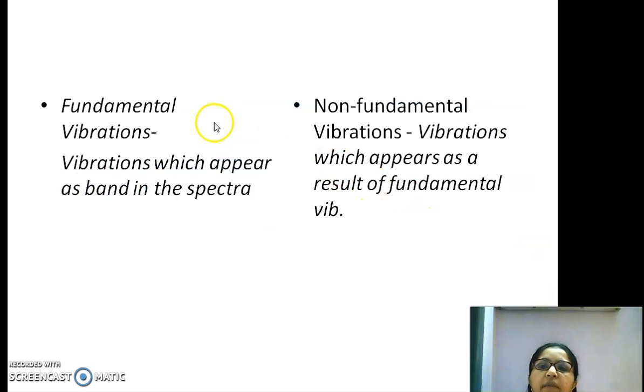Now, what is fundamental vibration and non-fundamental vibration? Vibrations which appear as bands in a spectrum are fundamental vibrations. Whatever bands we see in the spectrum are fundamental vibrations. Non-fundamental vibrations are the vibrations which appear as a result of fundamental vibrations.